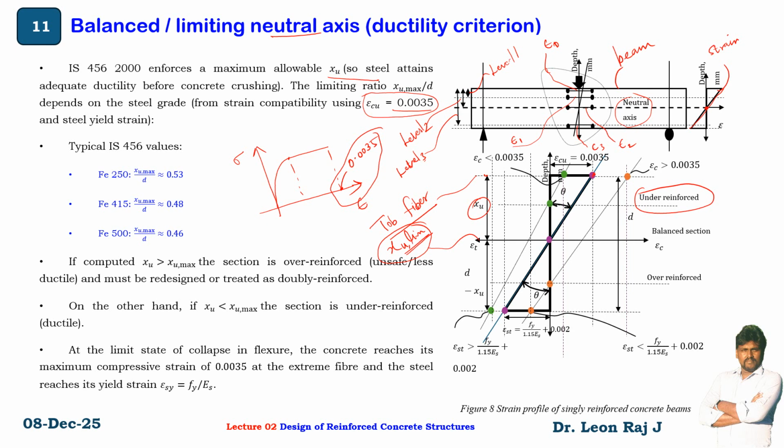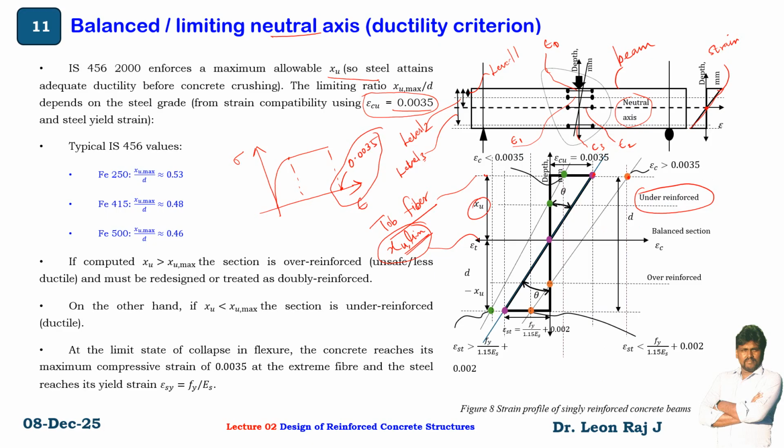In the case of under reinforced, the strain in concrete should be less than 0.0035, and in the case of over reinforced, the strain in concrete should be greater than 0.0035.